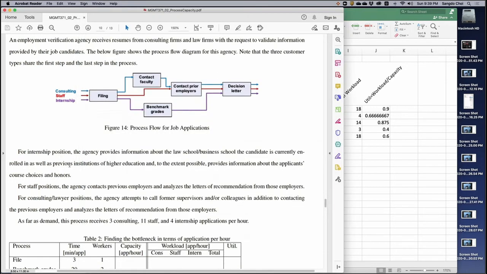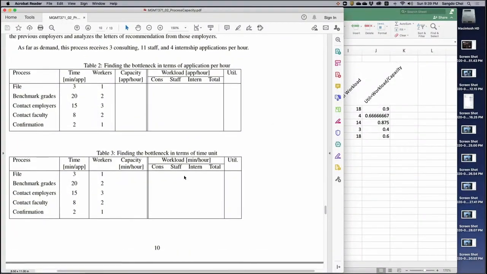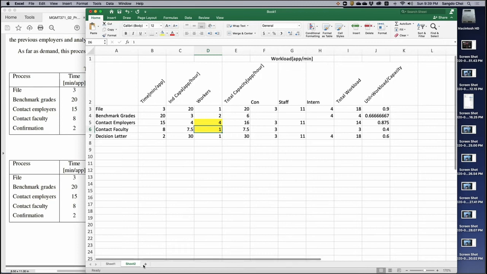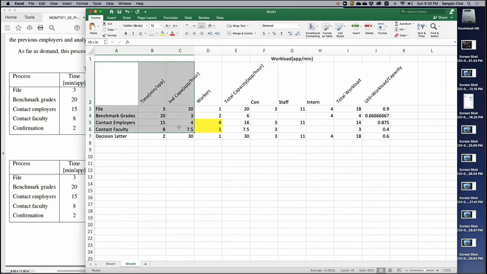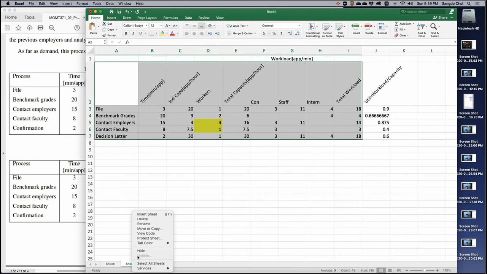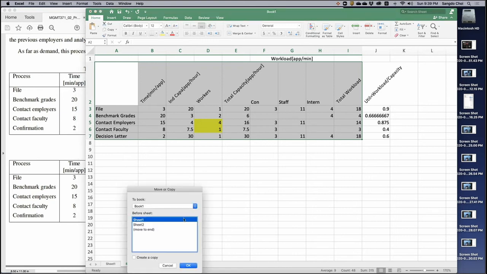Back to the lecture note, there is another approach: we can make the capacity analysis using an hourly or time unit. I will copy these 4 pieces of information, and copy this spreadsheet: move or copy, create a copy, and OK.